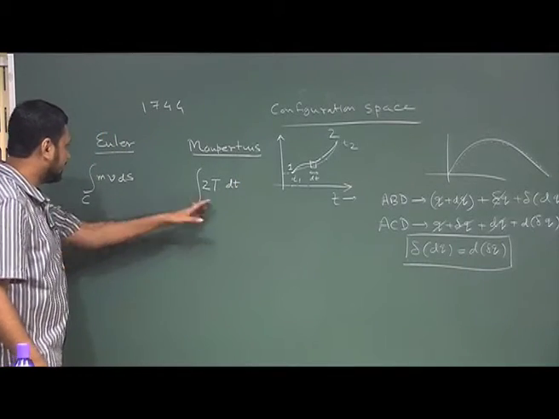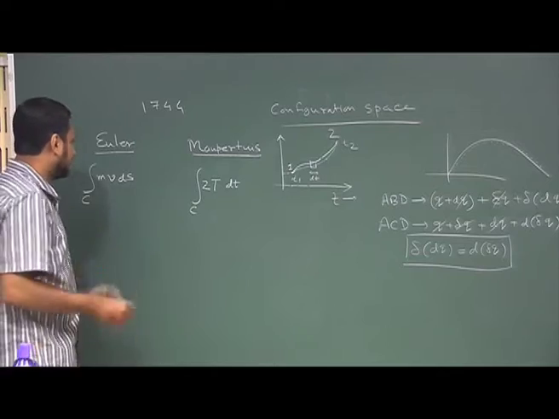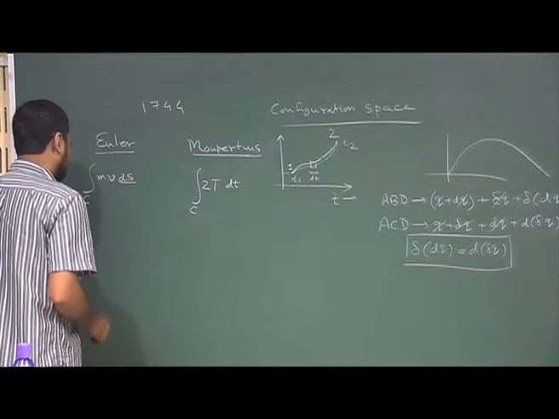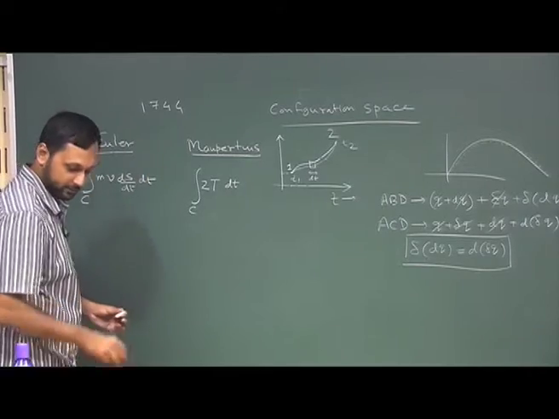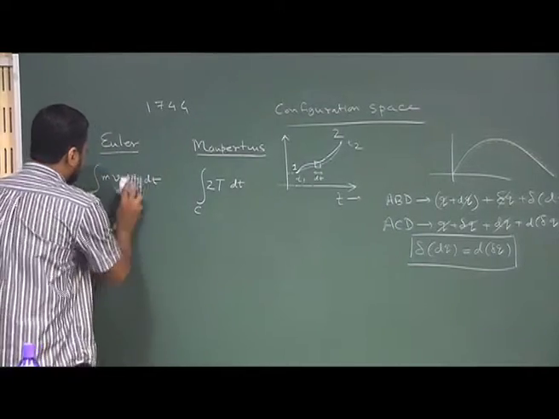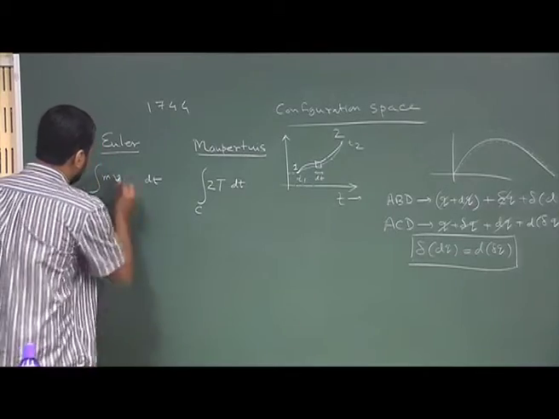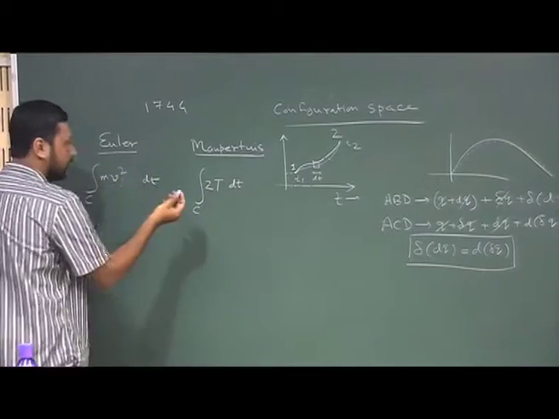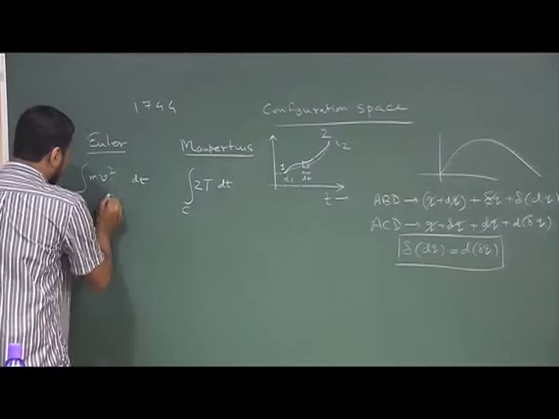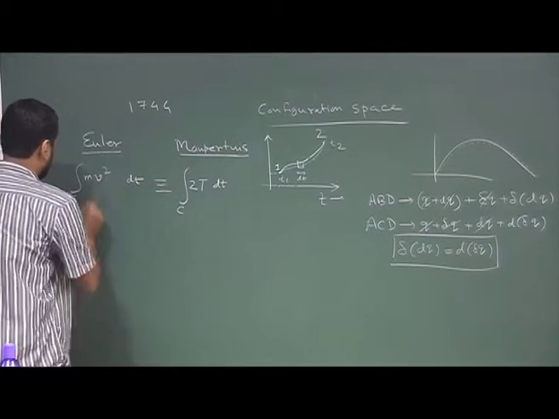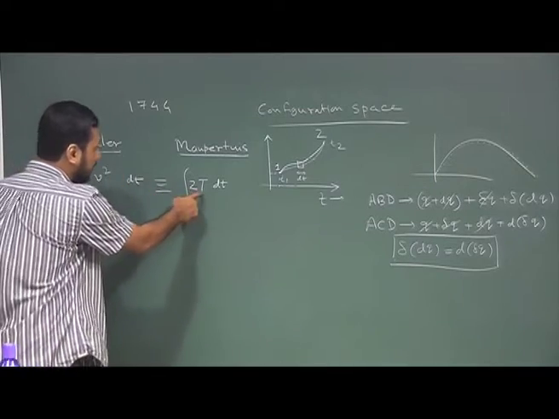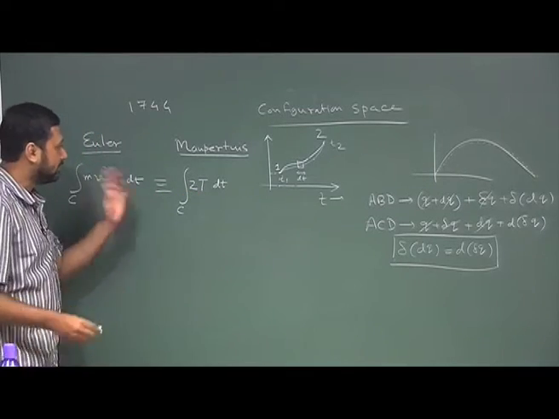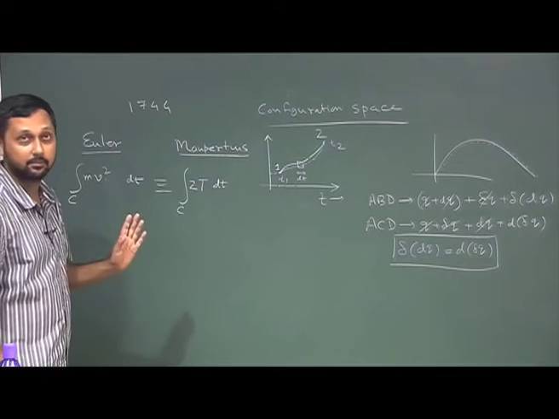So, they came up with these two suggestions, but if I slightly manipulate it, putting ds over dt, this is nothing but v, so this will be v squared, and m v squared is nothing but 2T. So these are actually equivalent. This is m v squared dt, which is 2 times T, T being the kinetic energy. So, they came up at the same time with the same principle.